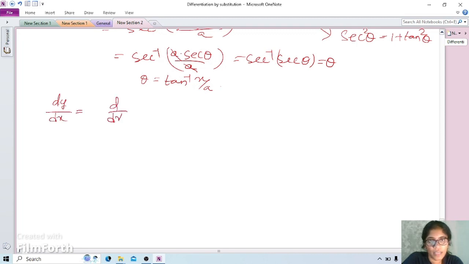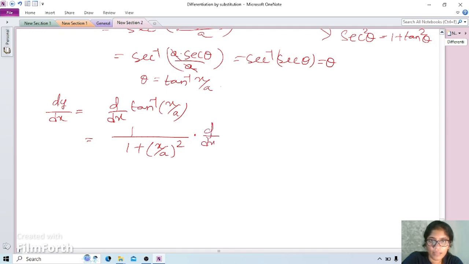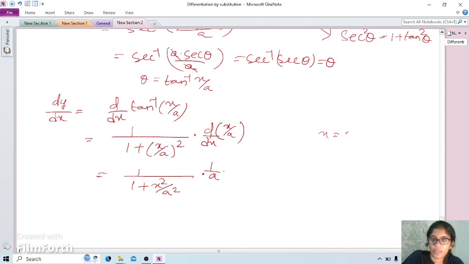Here sec square theta minus 1 is equal to tan square theta. Taking 1 to the left side to easily transfer theta to the right side. Which equals 2 into sec square theta minus 1, equal to tan square theta, divided by sec square.